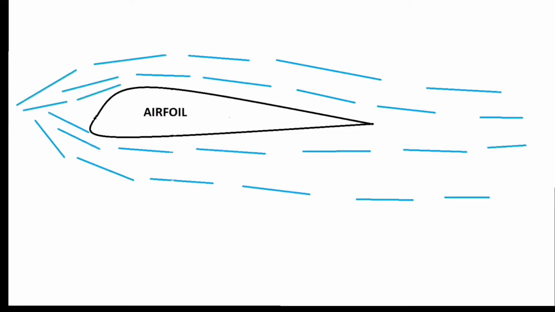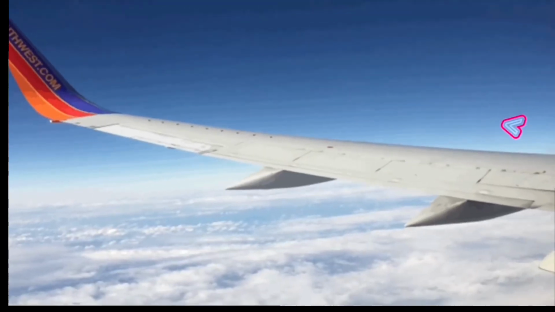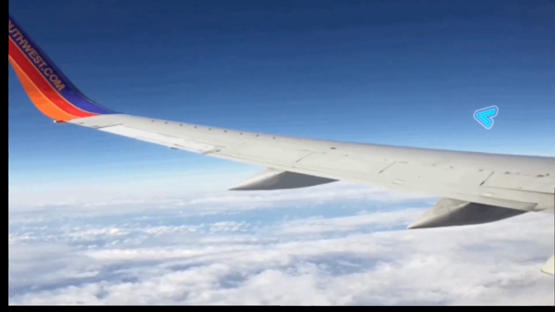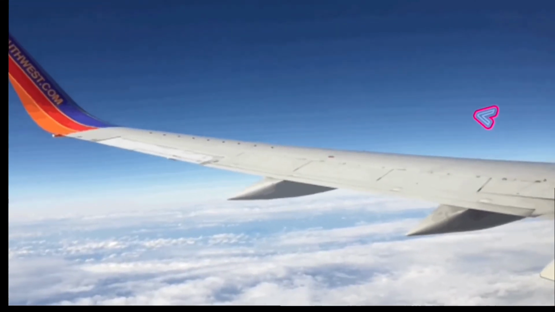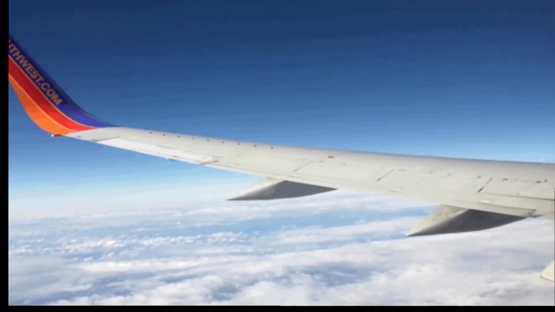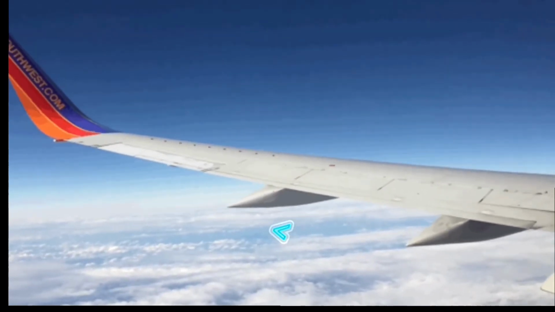A good example of this is the airfoil shape of an airplane wing. The airfoil shape allows air to move faster above it, making the pressure less, while making the pressure more under the wing.